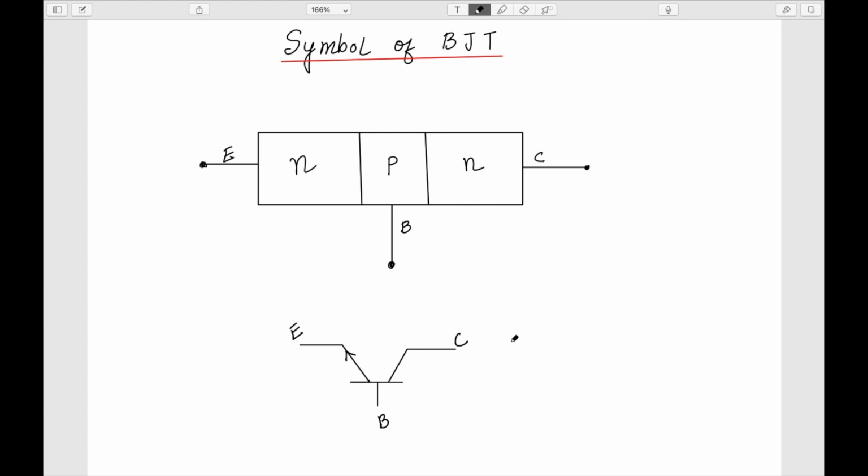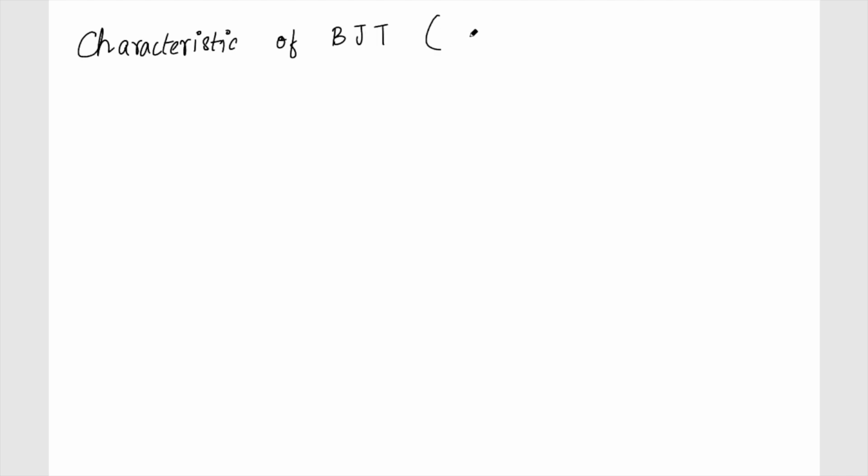Now let's try to characterize this transistor. We will see the characteristics of the BJT. First we will see how this IB current varies with the VBE. So let's construct this circuit first using the symbol that we have defined.